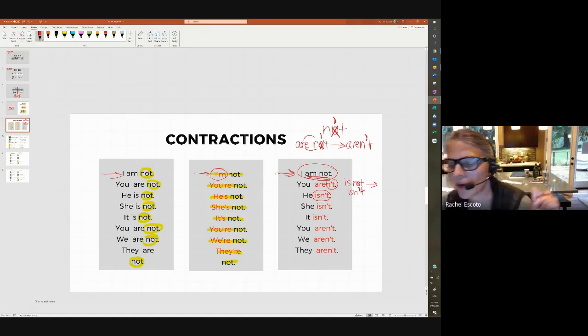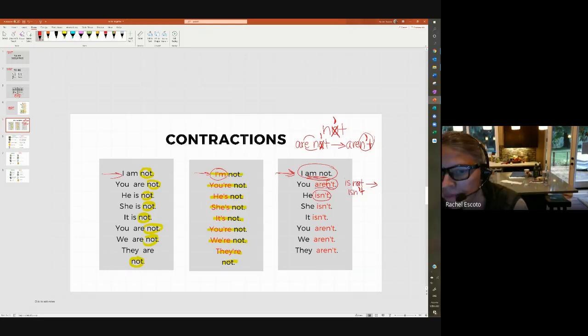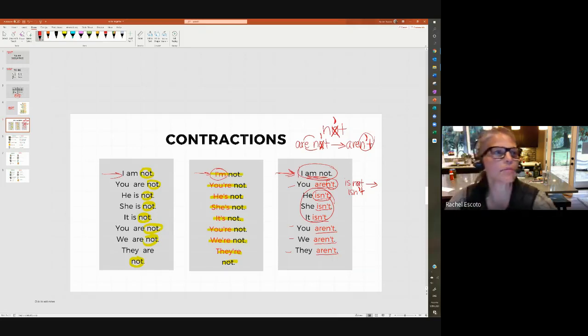We're going to get rid of that O. So this is going from not to n't. So are not, aren't. Is not, isn't. Okay, so only these guys right here are isn't. All the other ones are aren't, and this one is I am not.